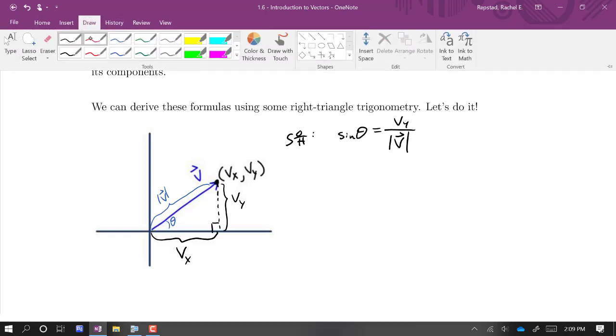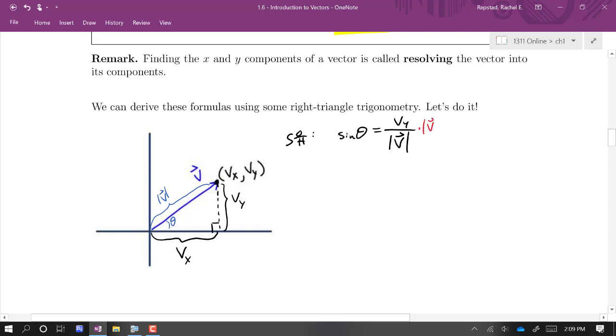And if I multiply both sides by magnitude, we get that Vy is equal to magnitude times sine theta. Similarly, if we take the cosine part of SOHCAHTOA, we get cosine theta is equal to adjacent over hypotenuse, which is now Vx over magnitude.